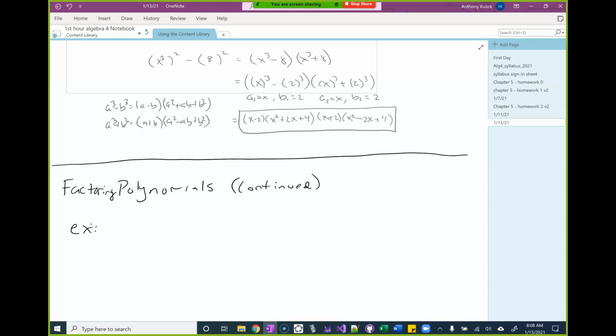Okay. So the typical instruction we would say is factor completely. Okay, so example A, we have 4x to the fifth minus 16x to the third minus 180x.